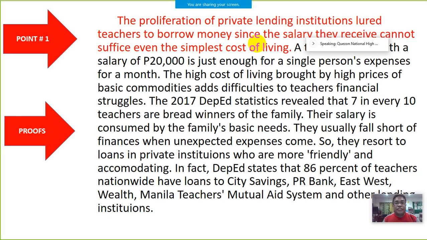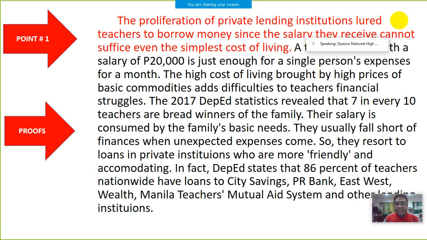The proliferation of private lending institutions lure teachers to borrowed money since the salary they receive cannot suffice even the simplest cost of living. That is the point or the claim. Then, what are the proofs? And a teacher 1 with a salary of 20,000 is just enough for a single person's expenses for a month. The high cost of living brought by high prices of basic commodities adds difficulties to teachers' financial struggles.